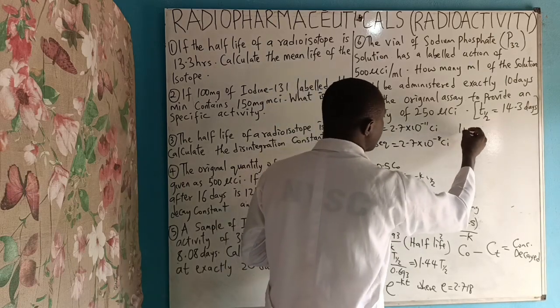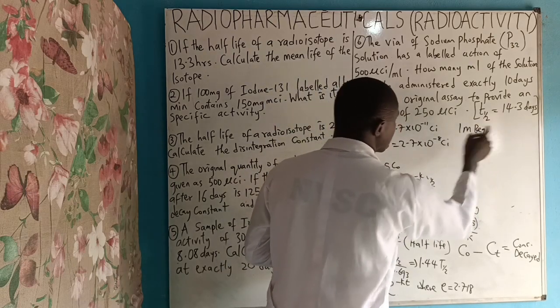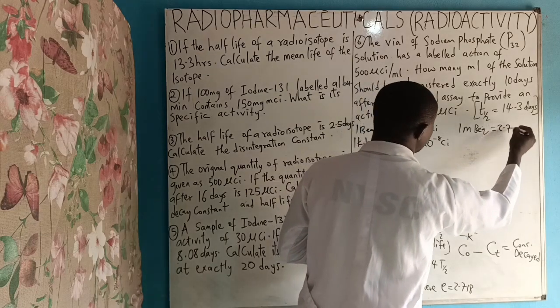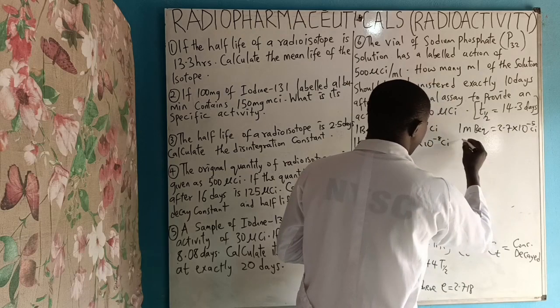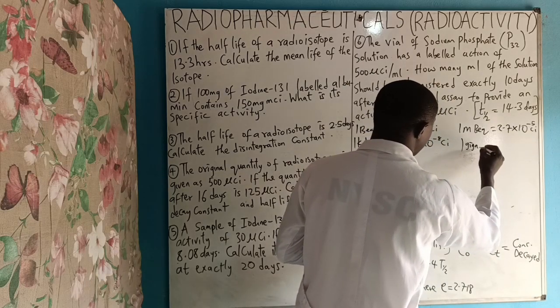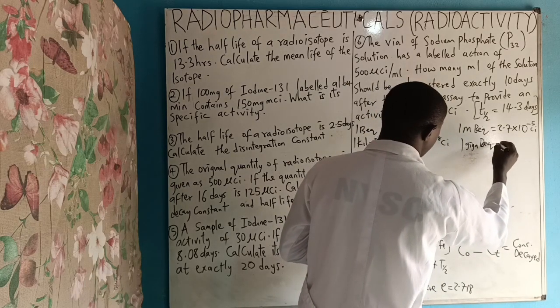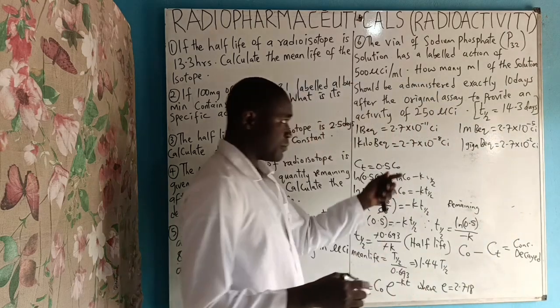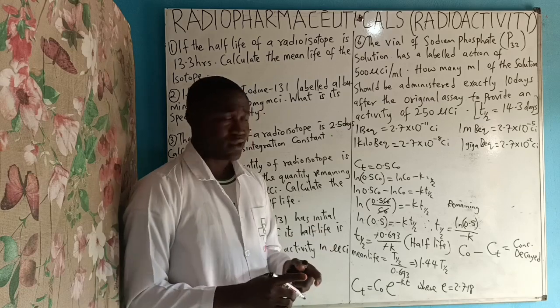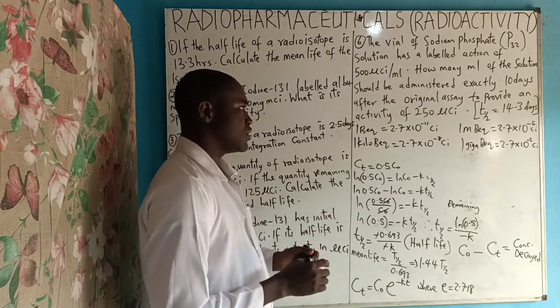Then 1 megabecquerel is equal to 2.7 times 10 raised to the power of minus 5 curie, and 1 gigabecquerel is equal to 2.7 times 10 raised to the power minus 2 curie. It's important to note all these conversions as we go on to solve these.